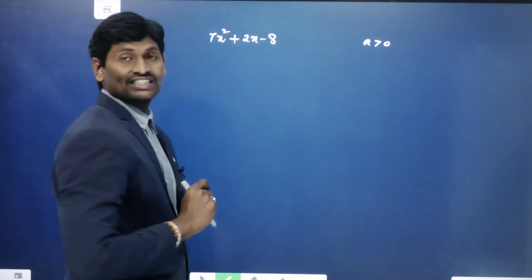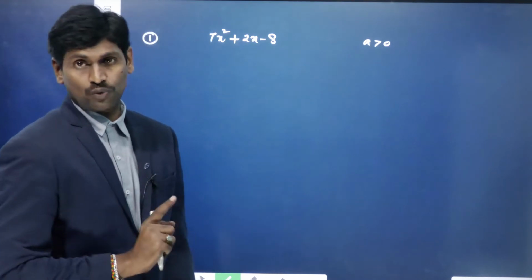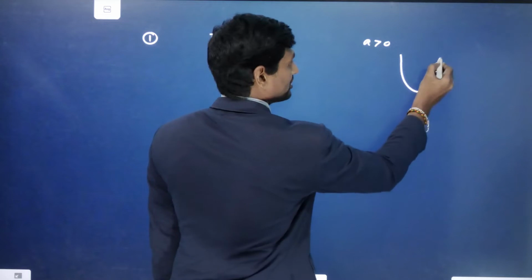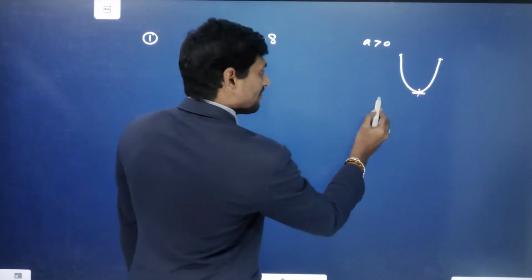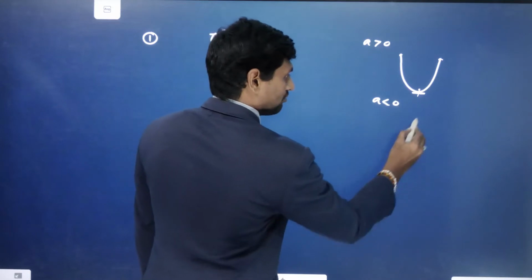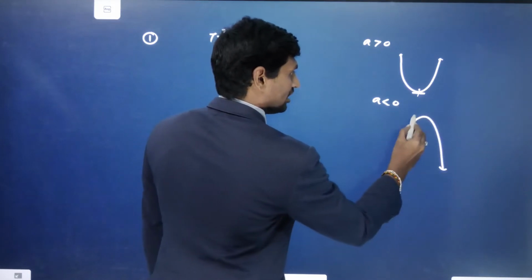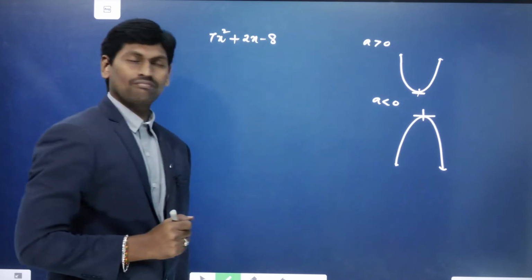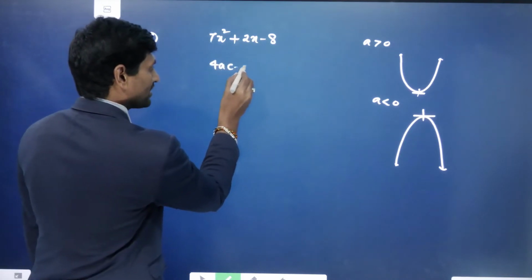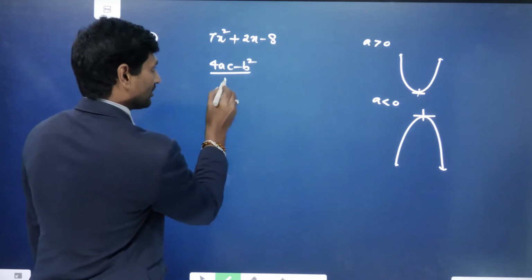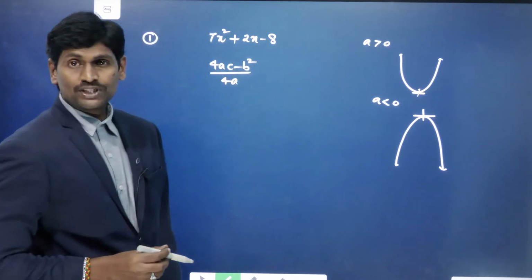The x square coefficient is 7, greater than 0, a positive value. It opens upwards, so we will get the minimum value. If a value is less than 0, we get a downward-opening parabola and we will get the maximum. So what is the minimum or maximum formula? 4ac minus b square by 4a.